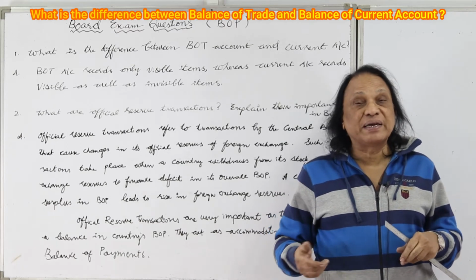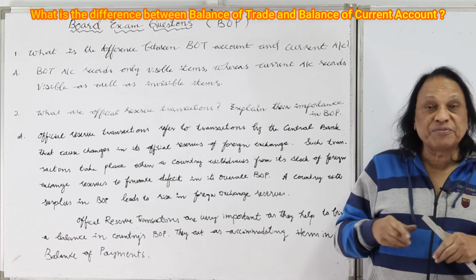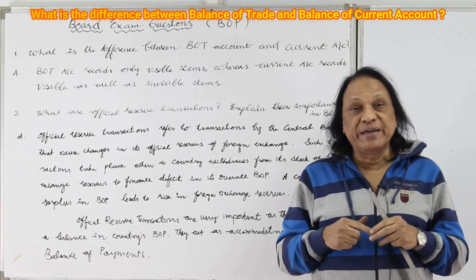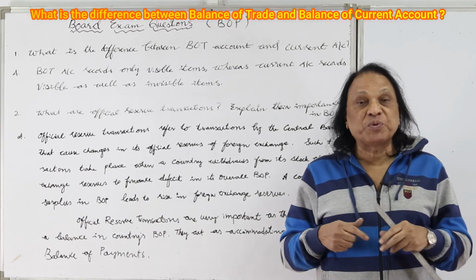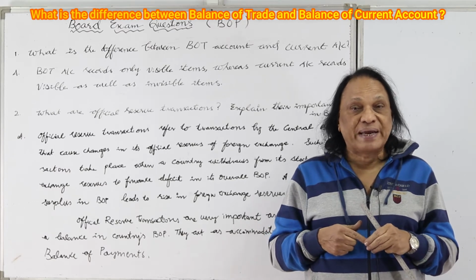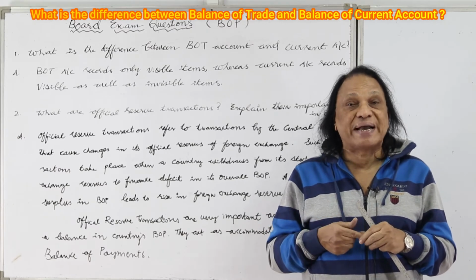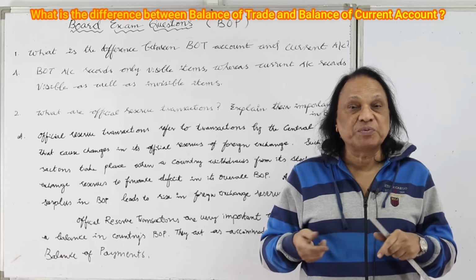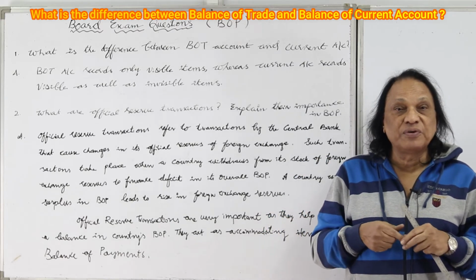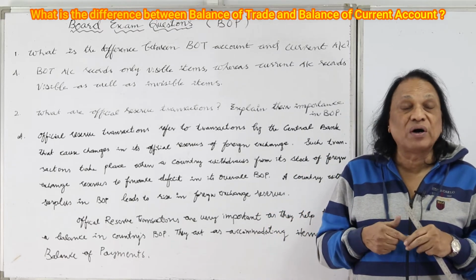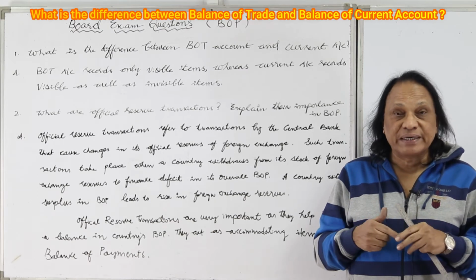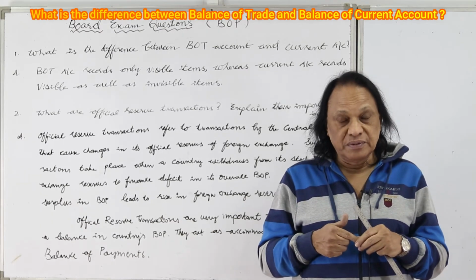What exactly is balance of trade? Balance of trade is the difference between the value of exports and imports of only visible items, that is the goods, merchandise we call it. It's the difference between value of only goods, or we call it visible items or merchandise.